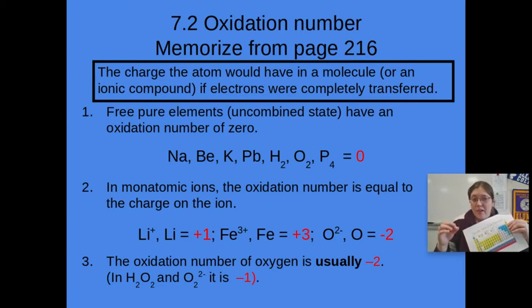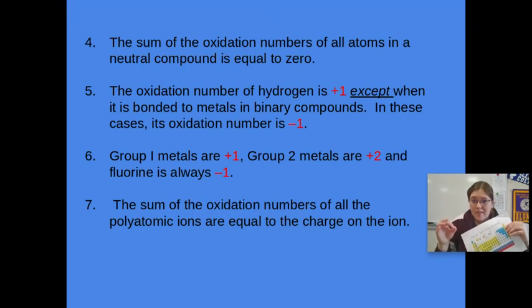So if I have 2 hydrogens and 2 oxygens, I really have +2 plus a -2, which equals 0. Otherwise, if it's bonded to a metal, it will act as if it is the nonmetal, and it will be a -1 oxidation state.